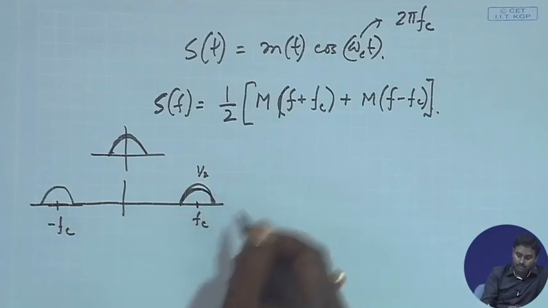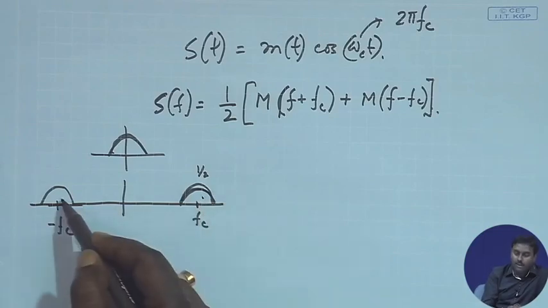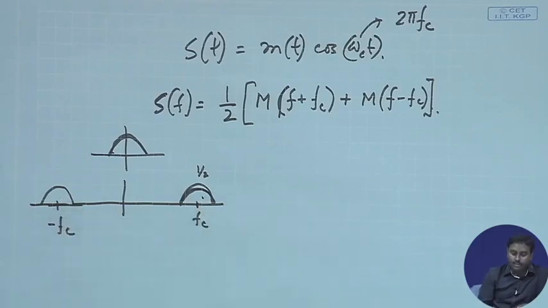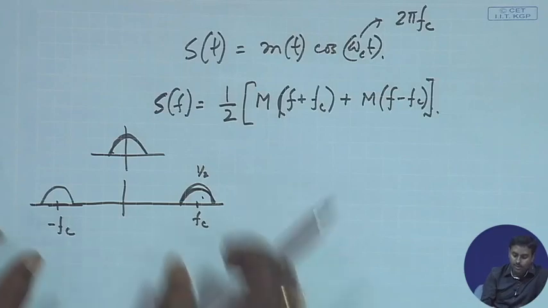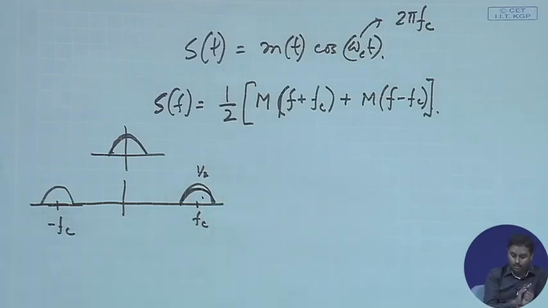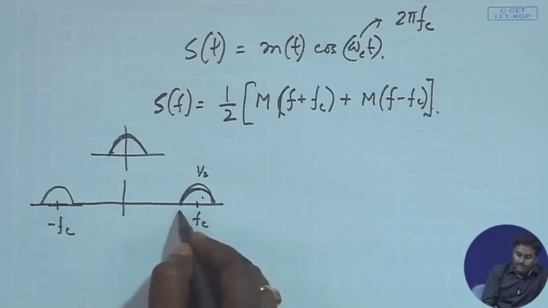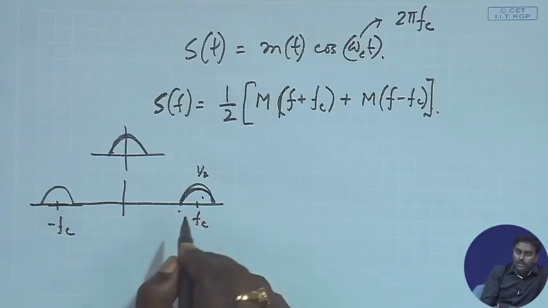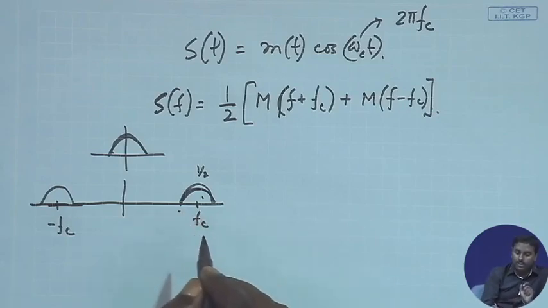That is the M(f - f_c), and this is the M(f + f_c), and you can see after modulation, because it is a real signal, it is an even symmetric representation.